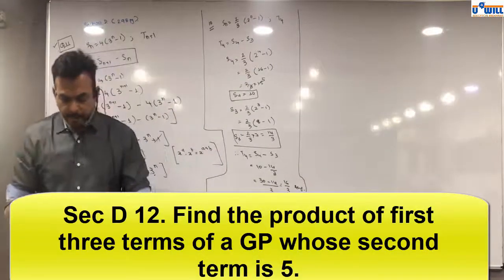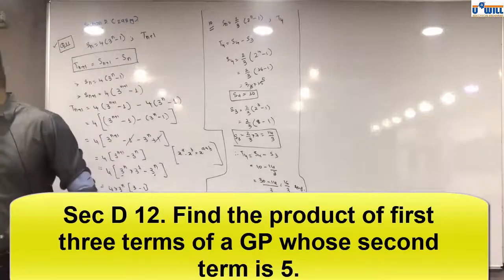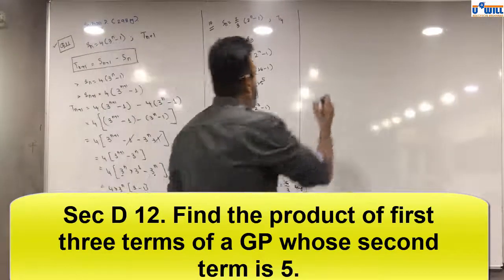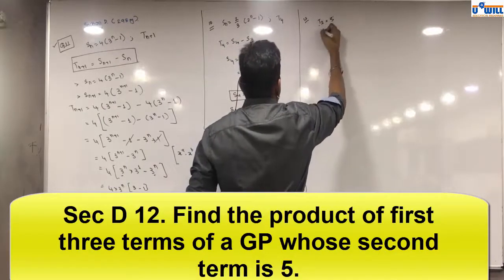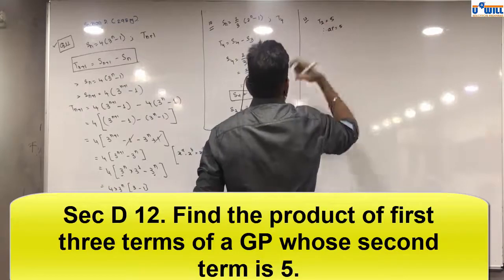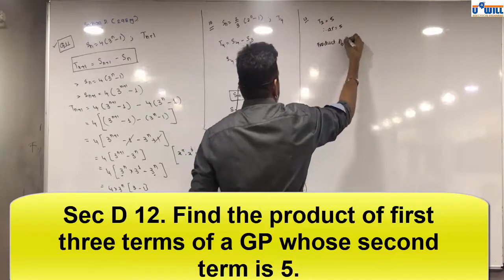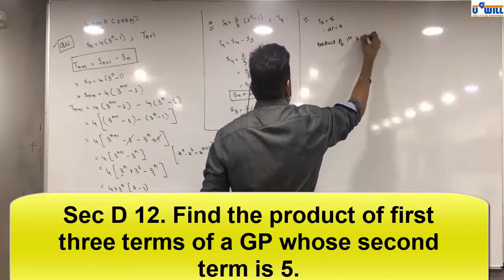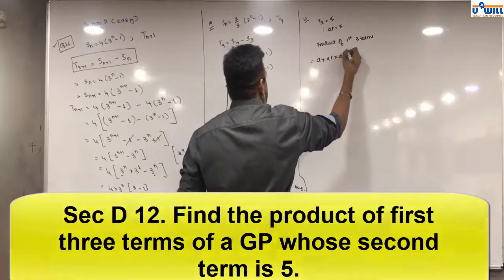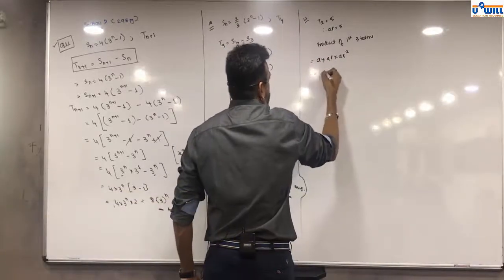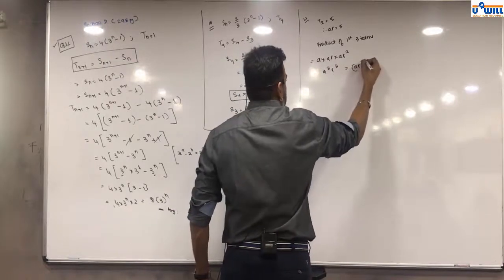Question 12. Find the product of first 3 terms of GP whose second term is 5. So what is given? Second term is 5. Therefore, A into R is equal to 5. Product of first 3 terms is equal to A into AR into AR square, which is equal to A cube R cube, which is equal to A into R whole cube.